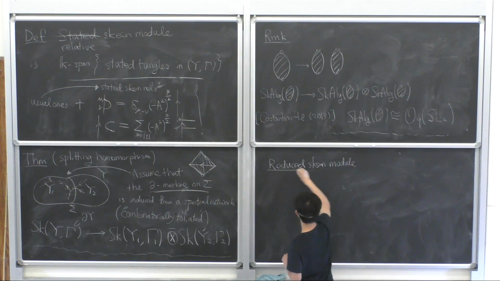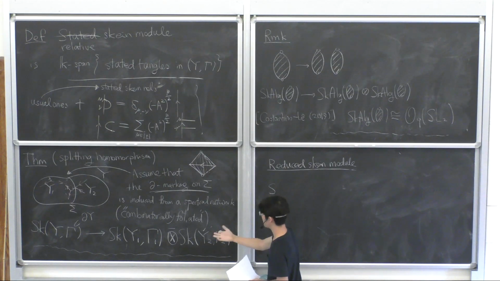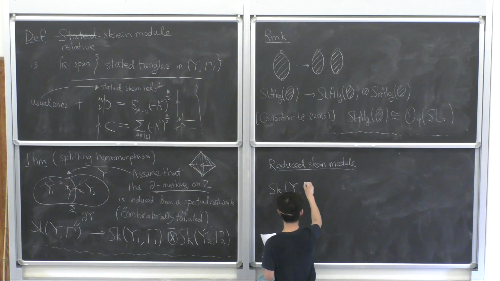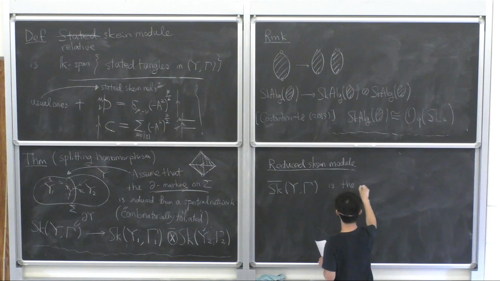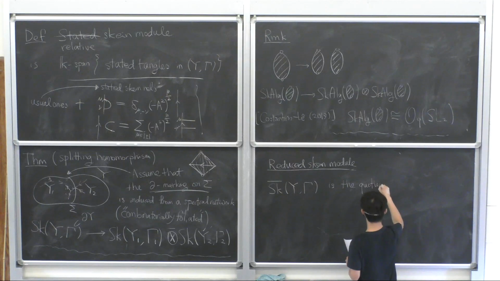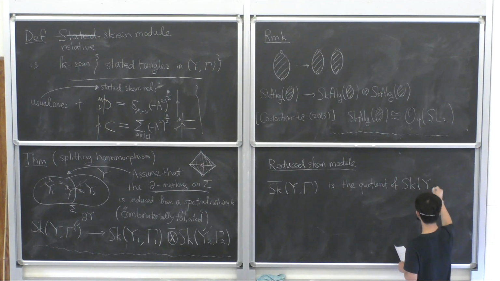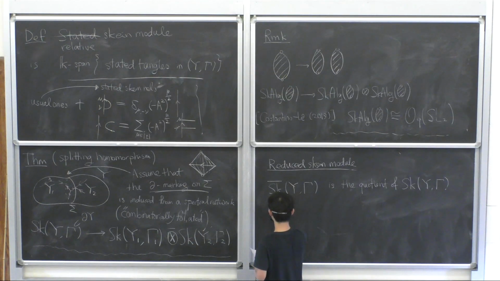And one can think of this process of taking this particular quotient as the process that abelianizes the Skein module. So the reduced Skein module, which I'll denote by SK with a bar, is a quotient of the ordinary Skein module of this boundary marked 3-manifold by killing all the bad arcs.